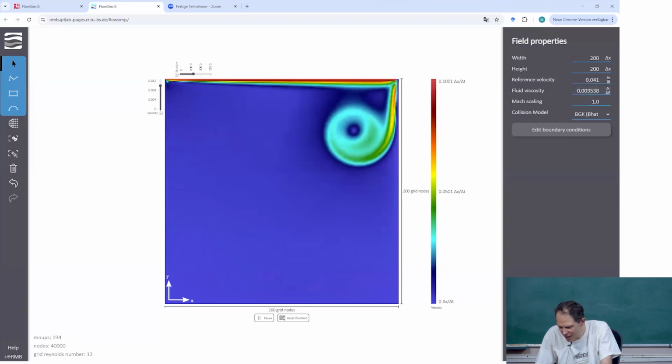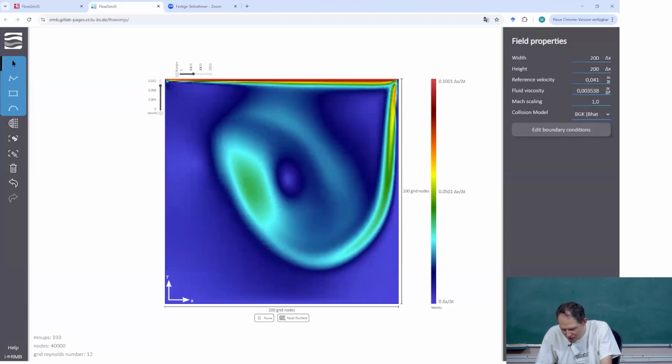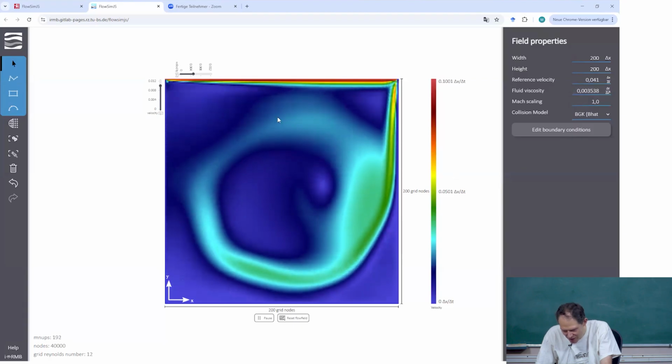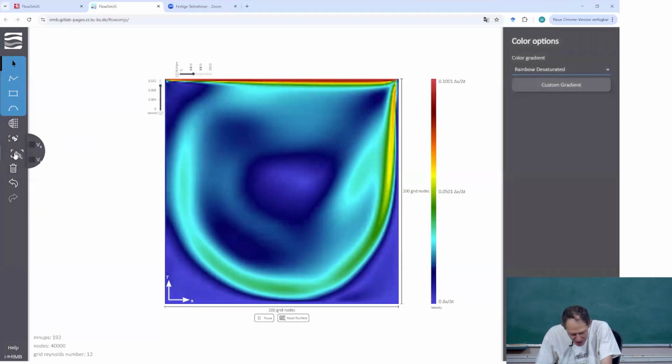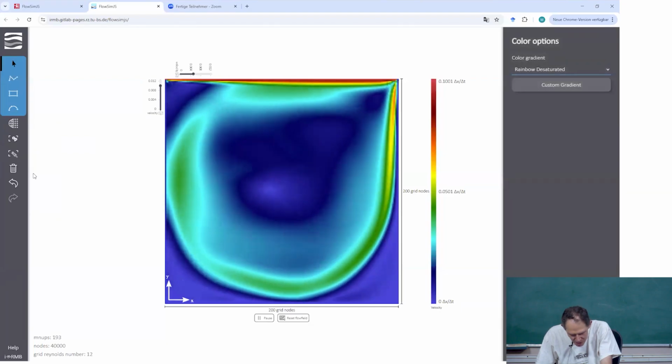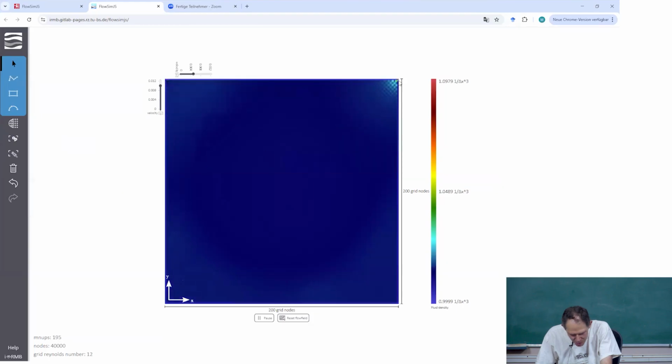Make it half of this. Okay, so you see, I don't know whether you see this very well. We see the problems mostly in the pressure first. Now you see some oscillations here in the pressure.